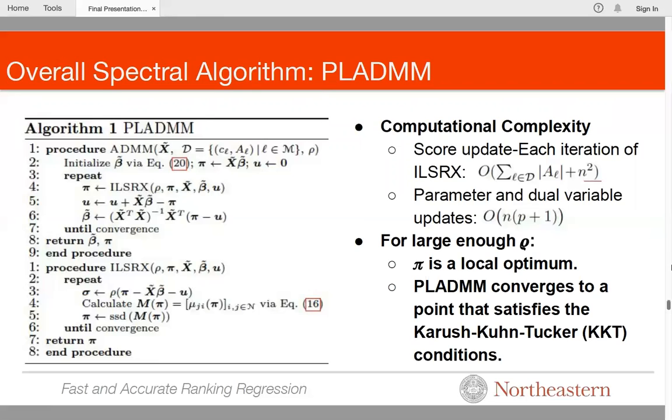We also show that even though the problem that we solve is not convex, for large enough rho, the stationary pi's that we find at each ADMM iteration are also a local optimum of the augmented Lagrangian. Moreover, again for large enough rho, PL-ADMM does converge to a point that satisfies the KKT conditions of the original constrained problem.